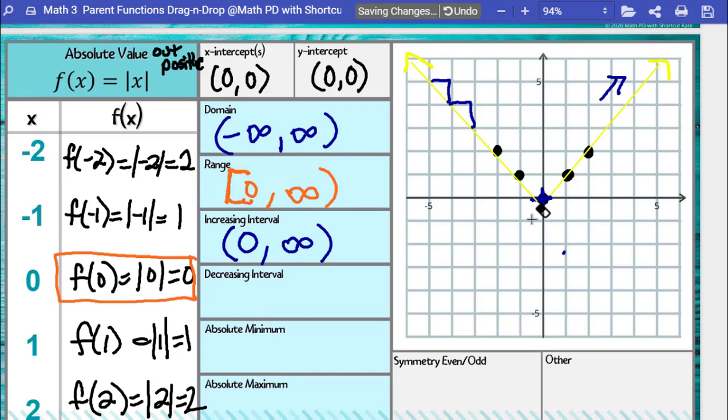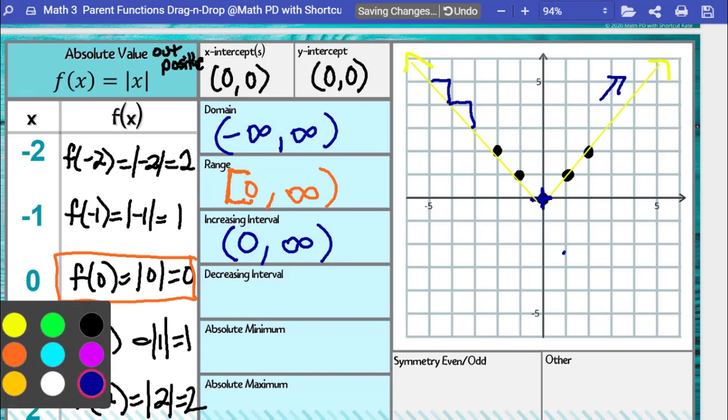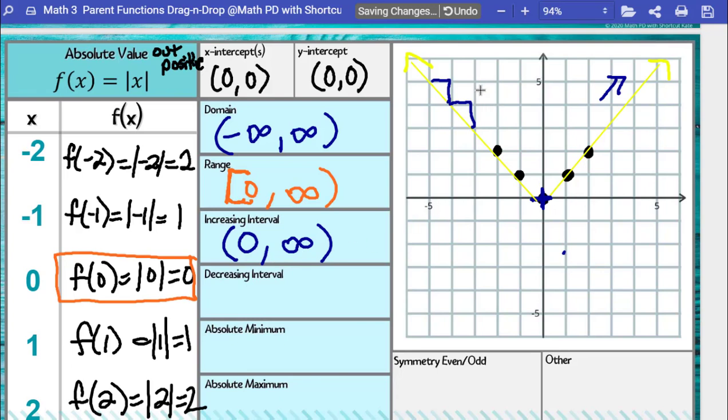So remember, 0 is neither increasing or decreasing. So the way we're going to write this one is we're going down, and this is negative infinity. So we start from the smallest and work up to the biggest value. So it's not included. So that's increasing and decreasing.